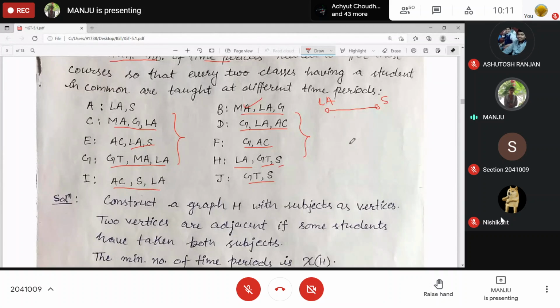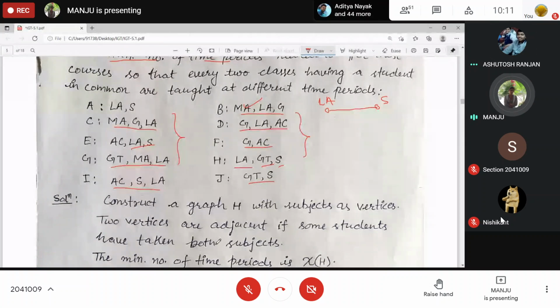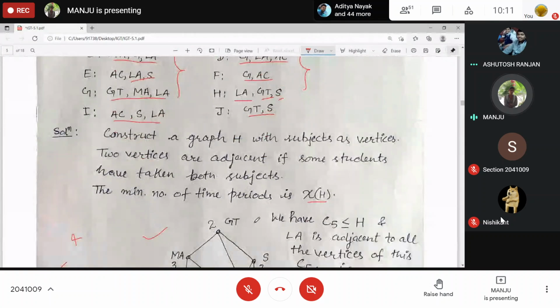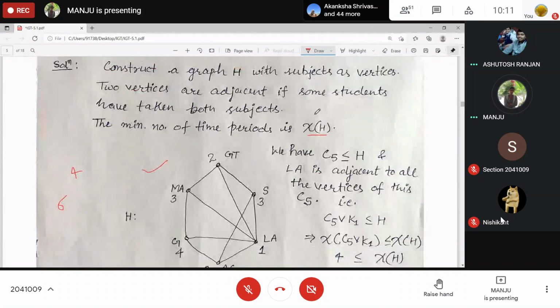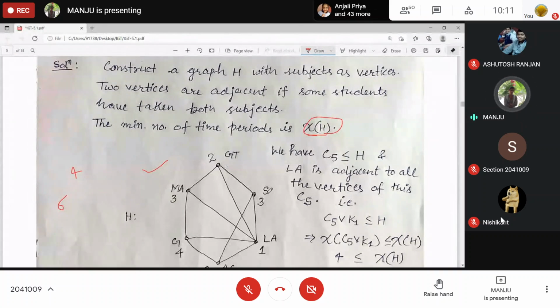Yes, ma'am. Do you have any doubt? Yes. Ma'am, I have a doubt why we are finding the chromatic number. Okay, why we are connecting this with the chromatic number? Chromatic number is the minimum coloring, and why are we using coloring here? Whenever 2 vertices are adjacent, we get different colors.